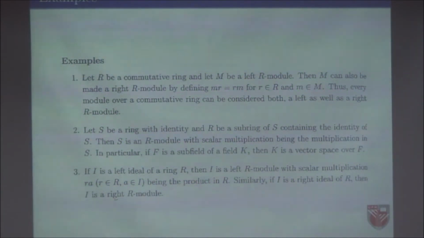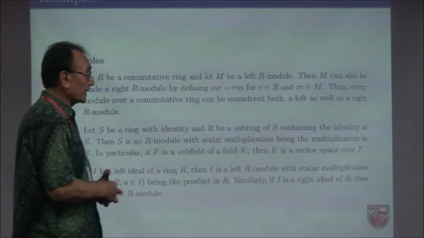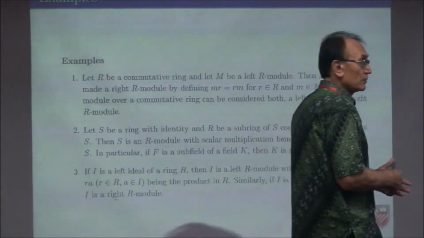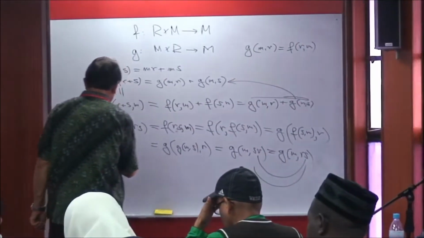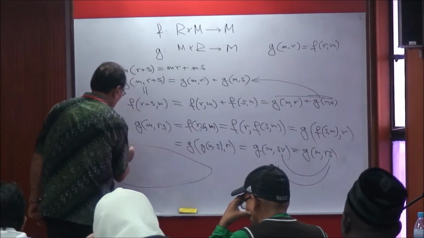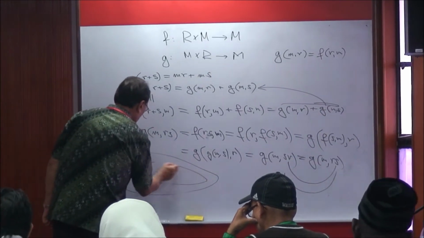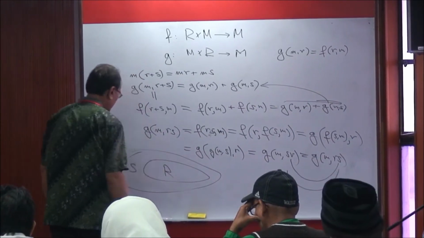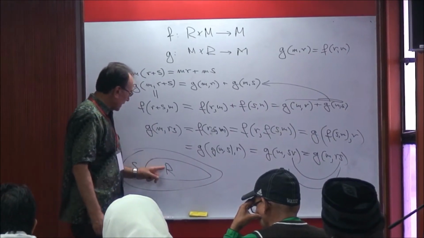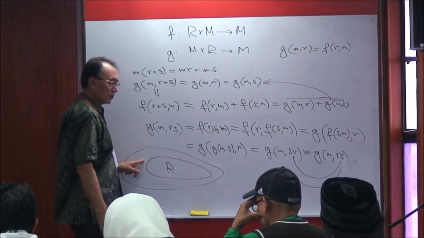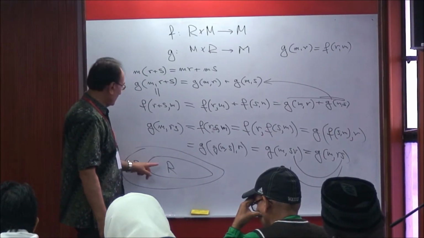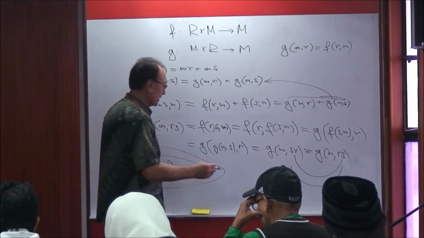You have a ring and its subring. The ring we can consider as a module over the subring. We have S, and this is R. You can act by R on S, just usual multiplication.